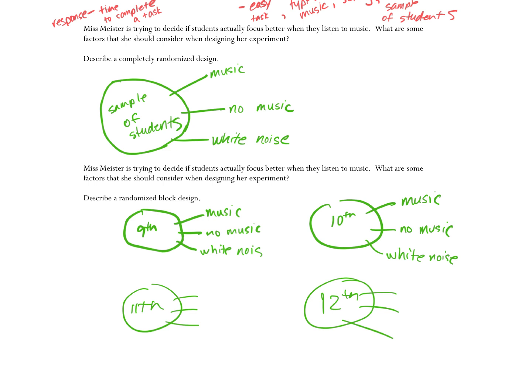Everybody good? So if I do it this way, are my groups starting off on an even playing field? That's the goal, always, that your groups start off looking about the same. What we want is that the only difference between the groups is the treatments themselves.